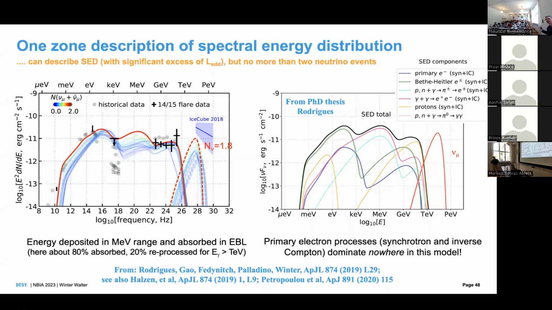So I don't know if the radio data are really a good indicator for the neutrino emission. First of all, it's not easy to actually reprocess this energy to such low energy. There are effects going on like synchrotron self-absorption.